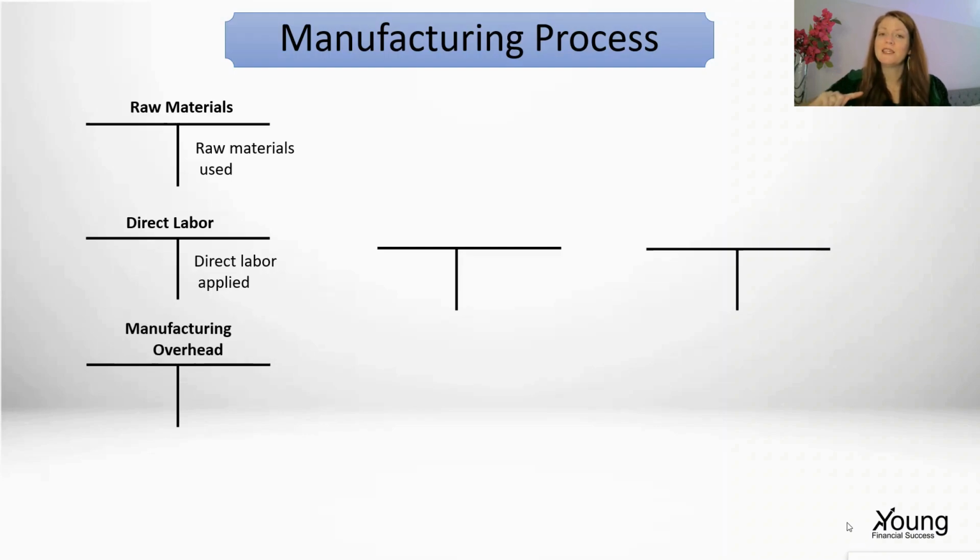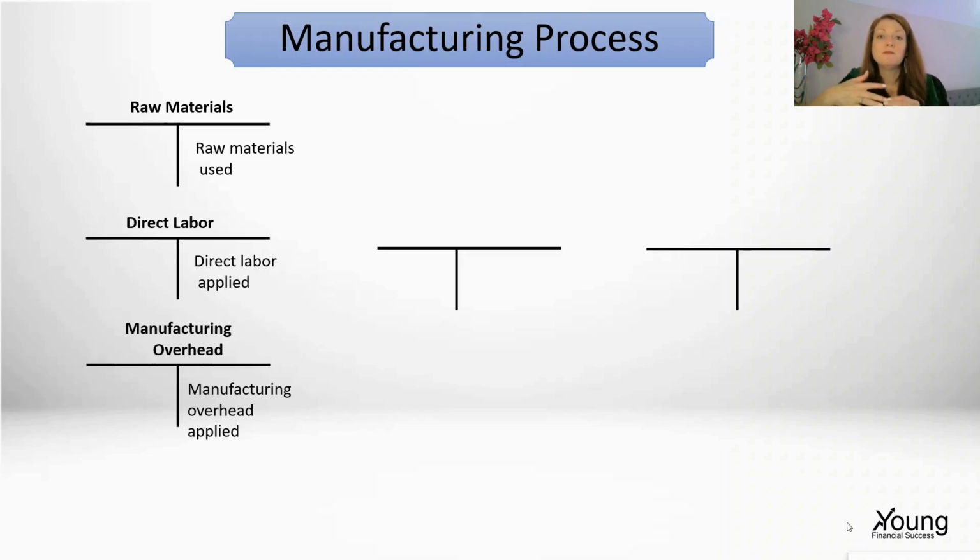Then we have the trickiest one, which is manufacturing overhead. This is all of the indirect costs that we have, whether that be the labor of the supervisors to make sure that you're baking the cake at the right temperature, or you are putting the pedals on at the right place. This is going to be maybe their salary. This could be depreciation and maintenance on the equipment that you use to put the finished product together.